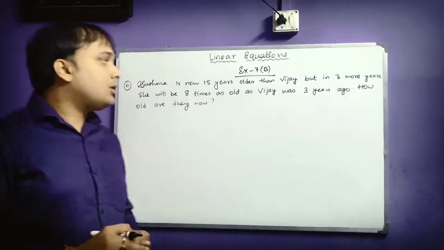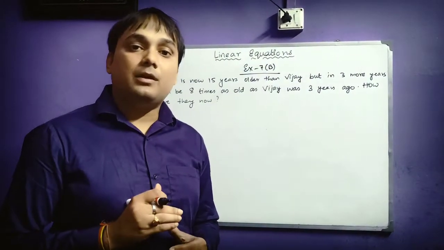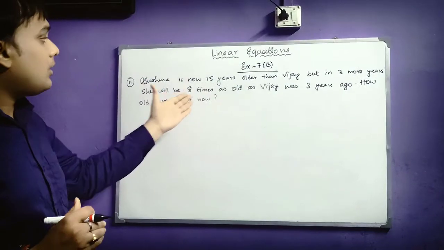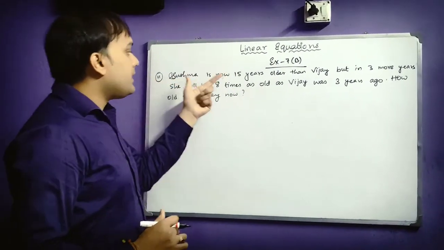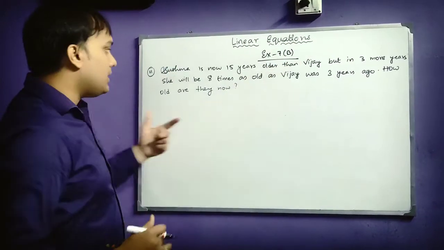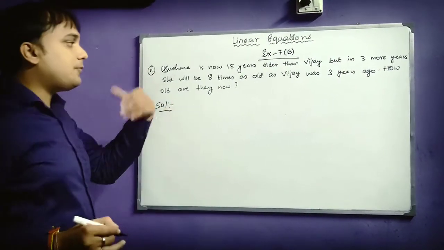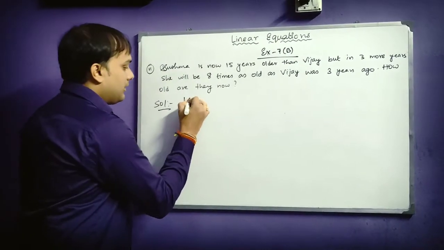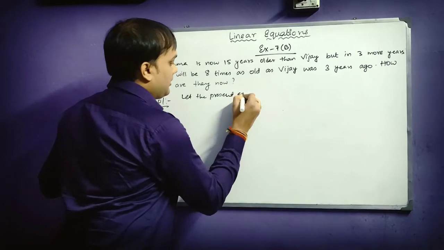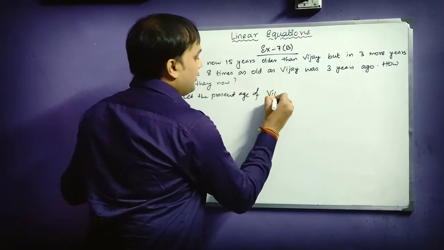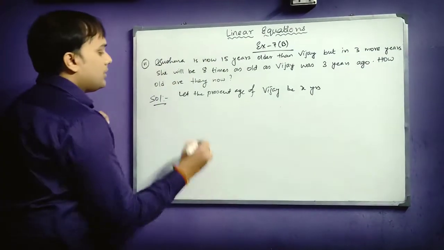Okay, so we have to take the help of a variable, and we will be taking a variable for Sushma or for Vijay. So as you can see here, Sushma is 15 years older than Vijay. So let the present age of Vijay be x years.